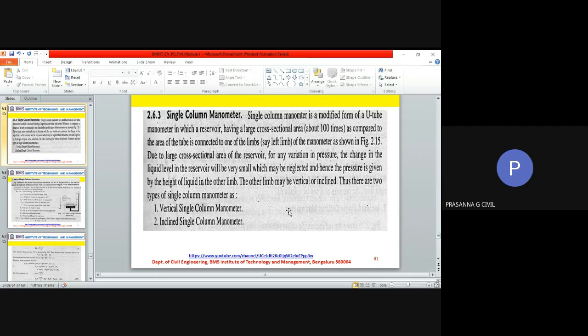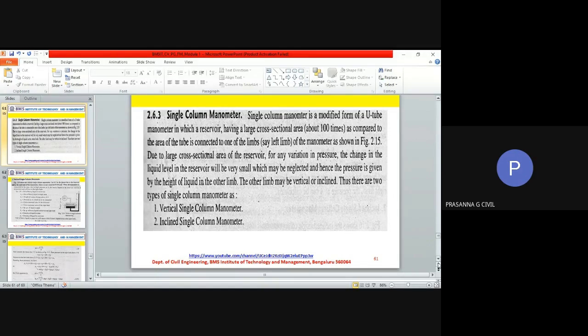If the tube attached to the reservoir, or the right limb as we are calling it, is vertical, we call it a vertical single column manometer. If the right limb is inclined, we call it an inclined single column manometer.